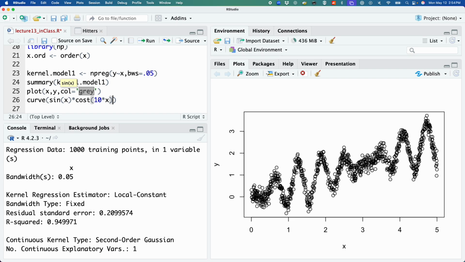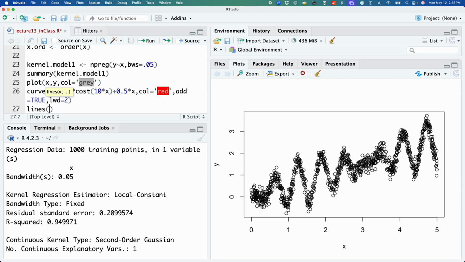I'm going to plot the true function and then I'm going to plot our fit.